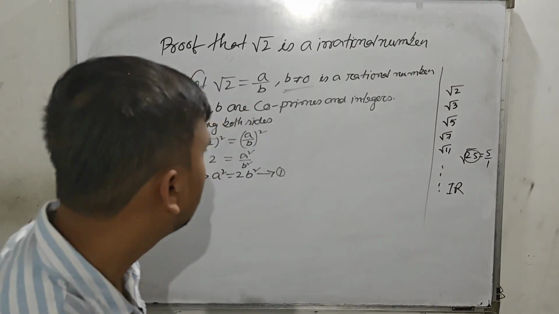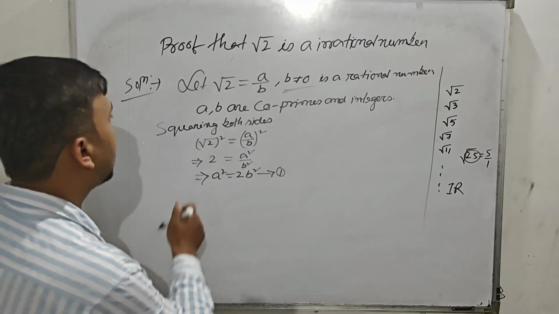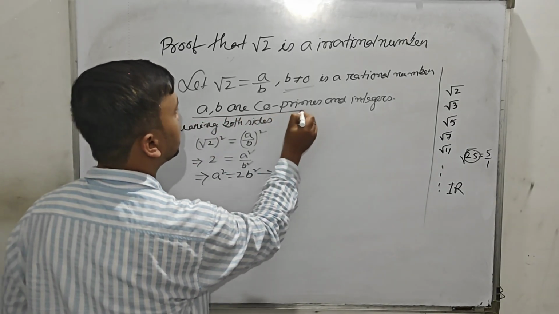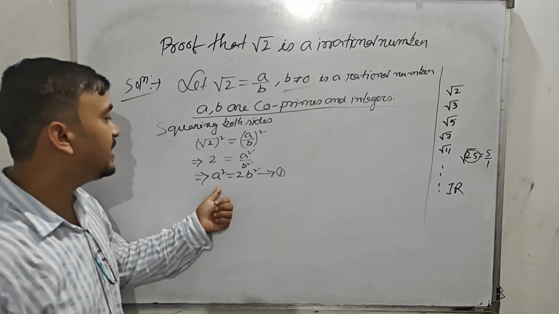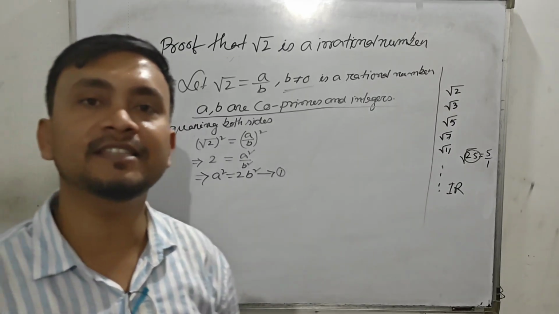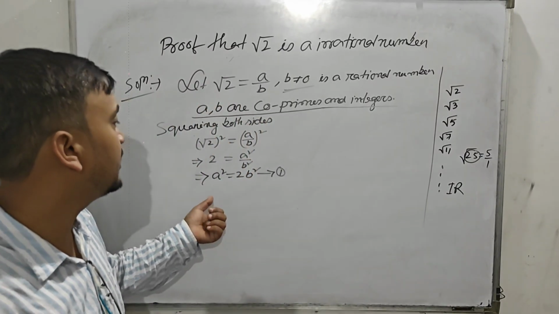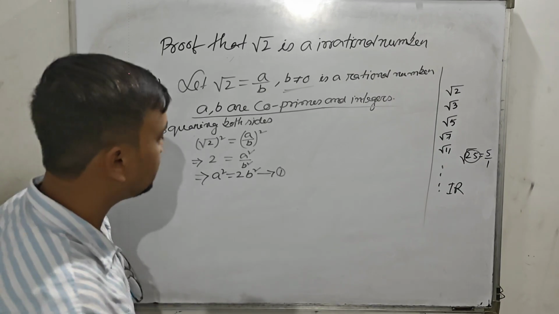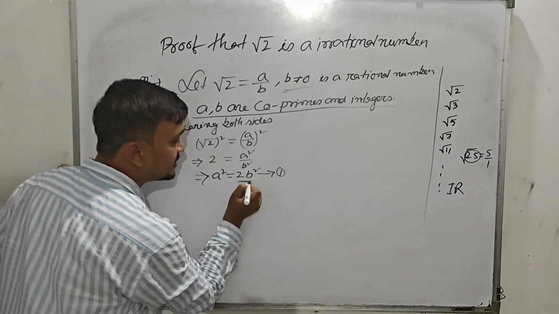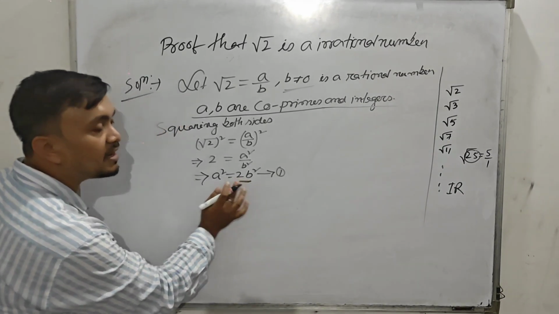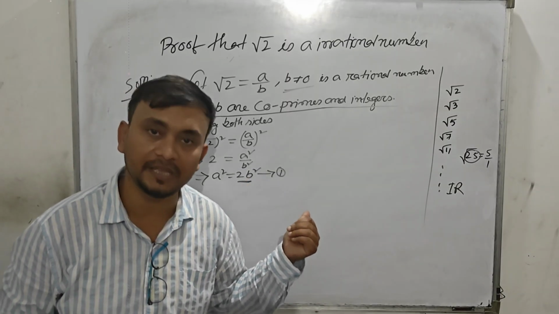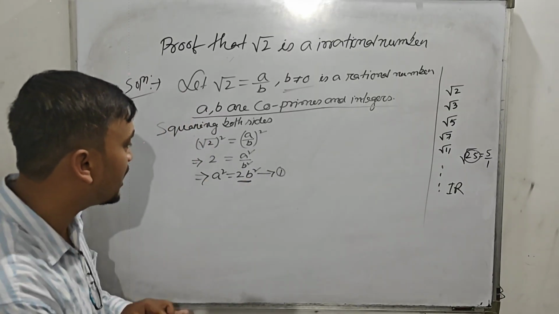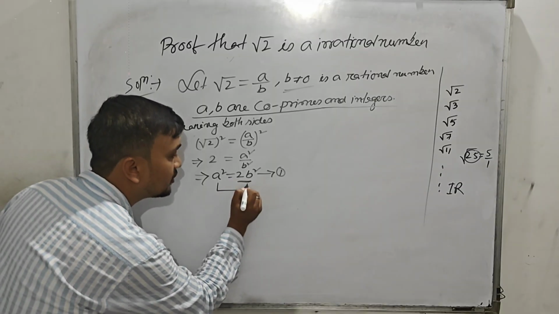Now see, already I have mentioned that a, b are co-prime numbers and integers. That means this a and b value can be any integers, plus, minus, positive, negative, whatever. Fine. Now carefully observe this part. Imagine if I put any number in place of b, we got this relation.